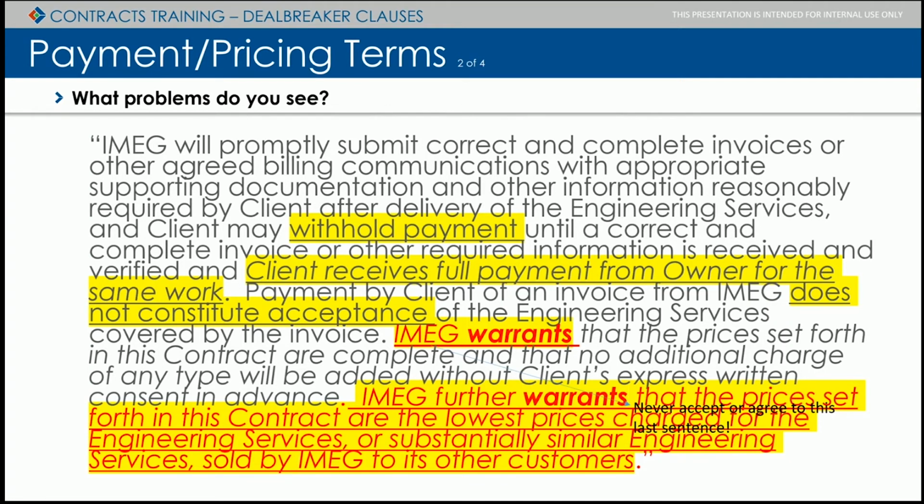I'll mention warranties. This is as good a place as any. We cannot warrant anything. We don't provide warranties. We're a professional services firm. Lawyers, doctors, they don't provide warranty on services. We perform to the standard of care, and we don't provide a warranty as our standard course of business.